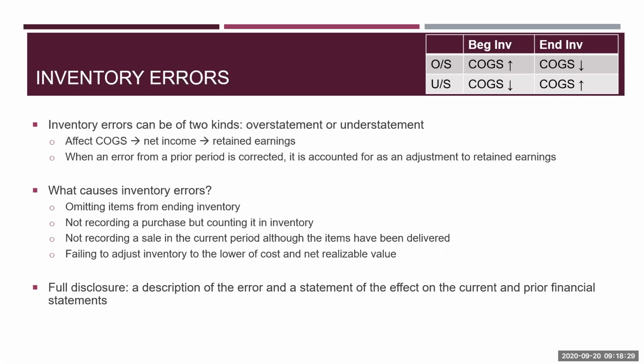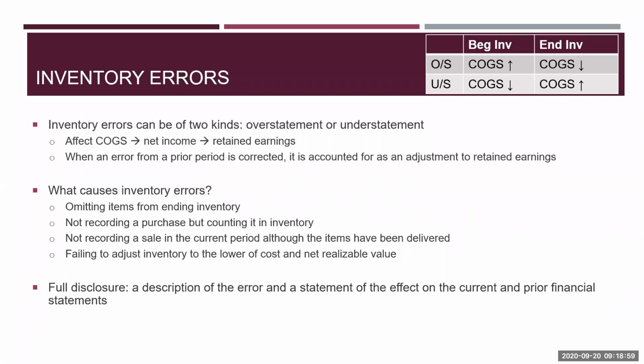But let's say they never did because the inventory was physically not present at the location. If they missed accounting for that inventory, that becomes the inventory error. So omitting inventory items in the ending inventory, not recording purchases but counting them in the inventory, not recording a sale in the current period although the item has been delivered, and failing to adjust the inventory to lower of cost or net realizable value.